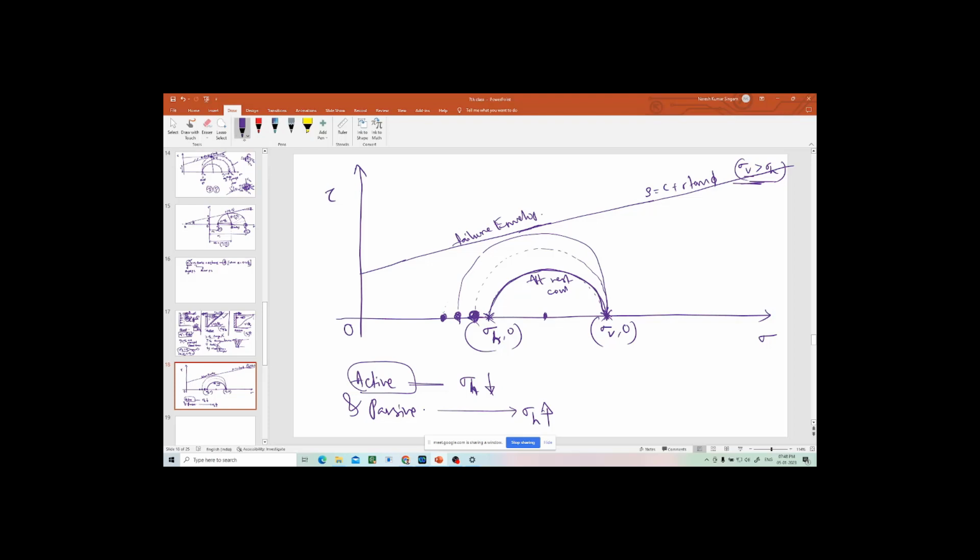When sigma h is decreased to this point, the Mohr circle is touching the failure envelope. So it is failing. Now sigma h is here.